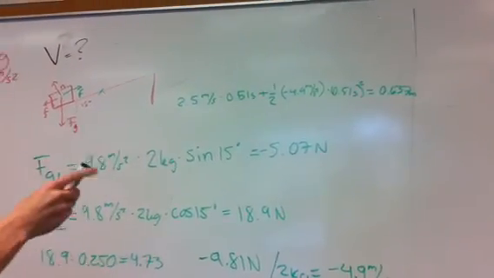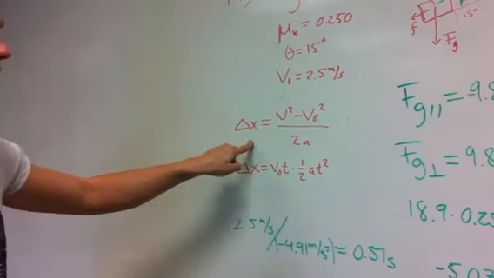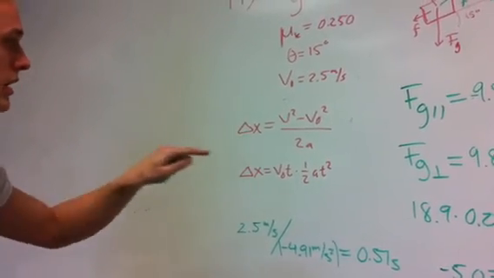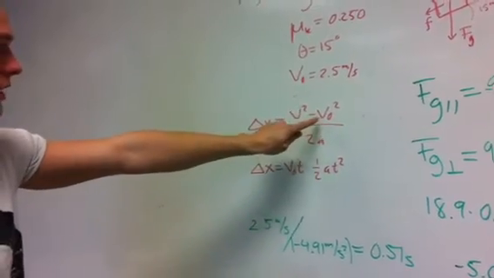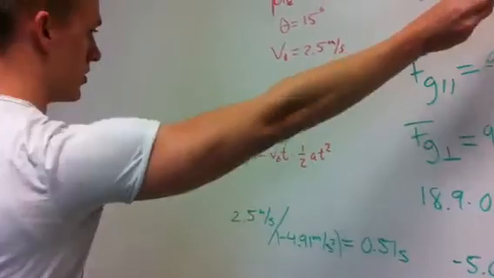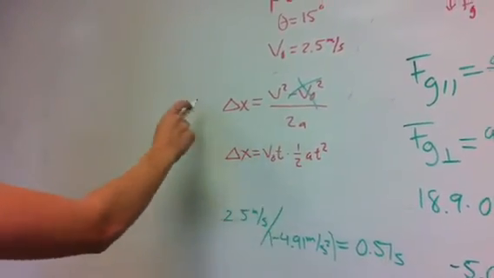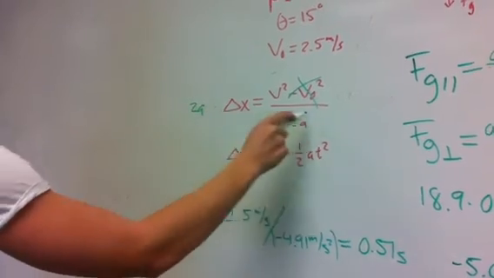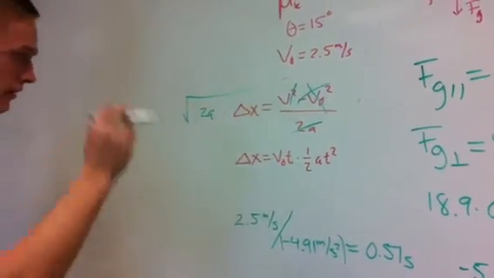And with that, I will use this equation to figure out how fast it's going when it comes down. So again, I'm solving for v, which I do by, v naught is 0 as it comes back down, because we started at that point, so this cancels out. I multiply the 2a over here, canceling this out, and then I take the square root to cancel that out to get v.